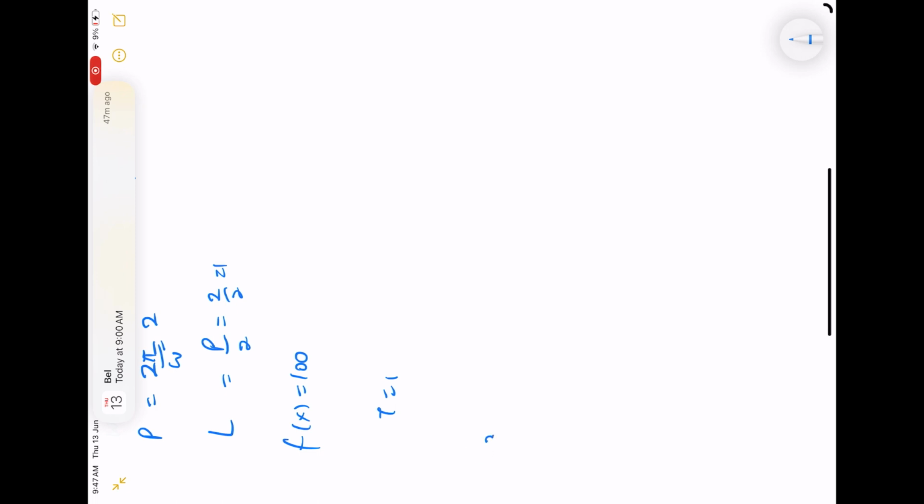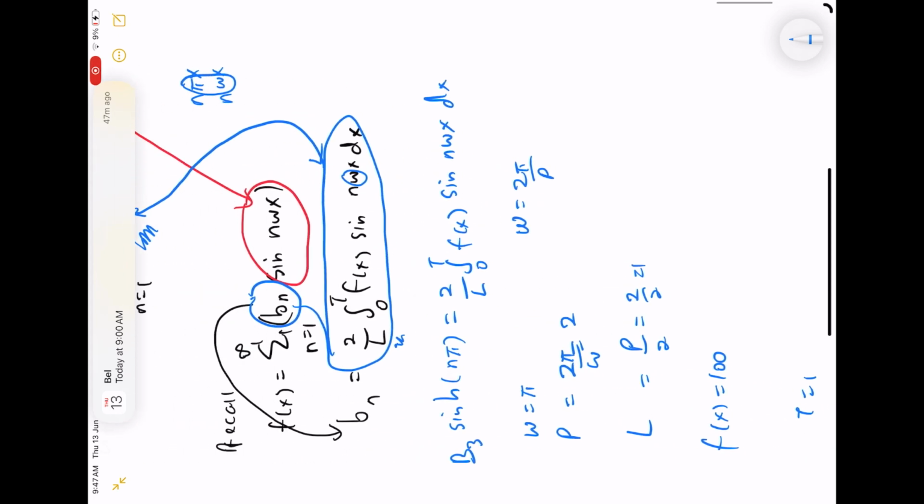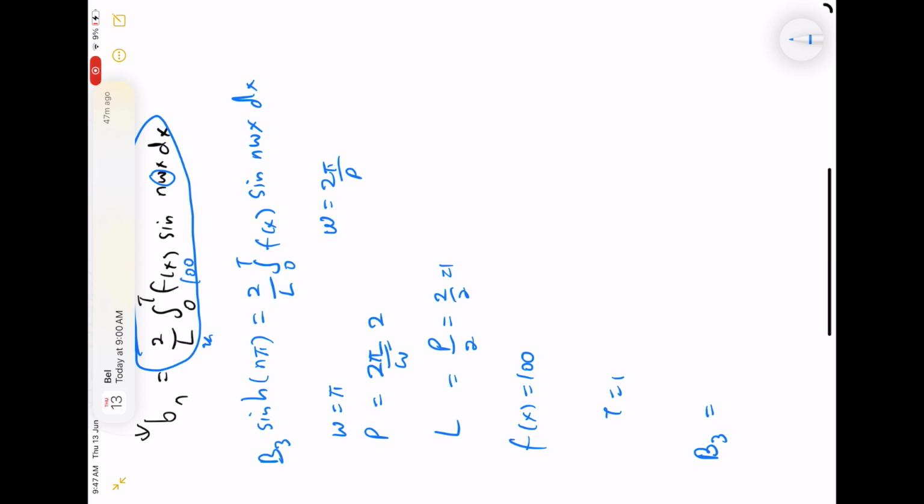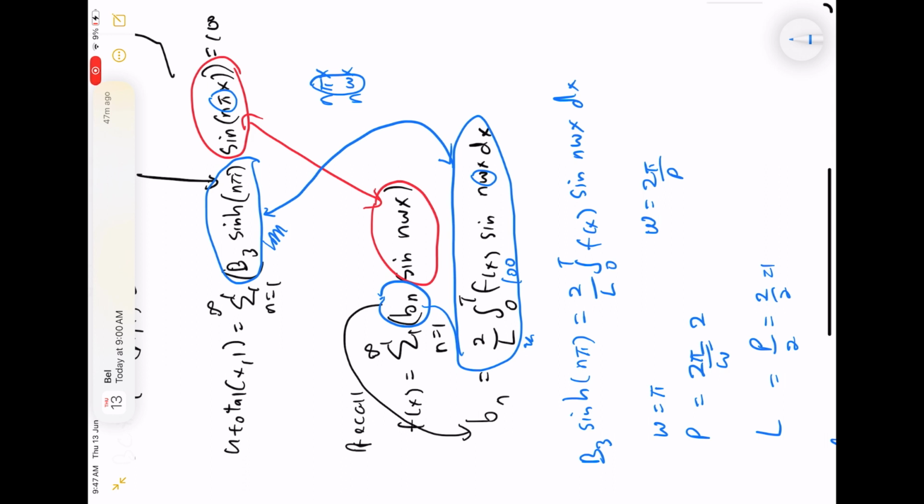So our B3 sine n pi is equal to 2 over 1, integration from 0 to 1, our f(x) is 100, sine n w x dx. Our f(x) is 100, this is right. So 100 times 2, we have 200.